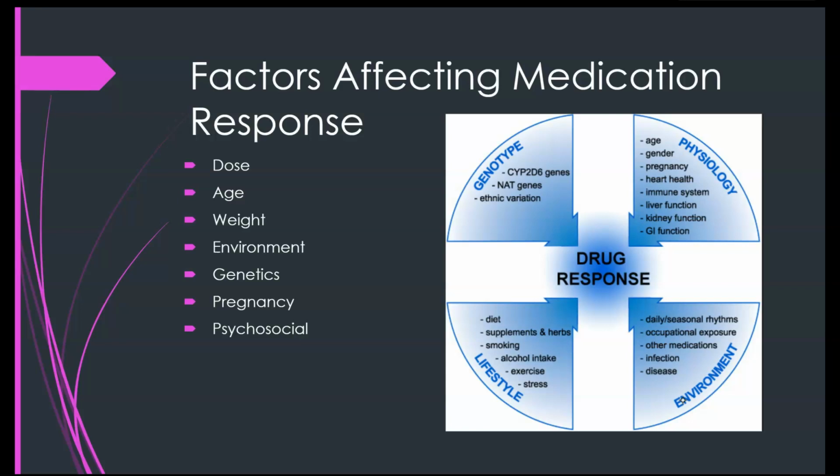We talked about how a lot of medications do first pass metabolism through the liver. If you're older and your liver isn't functioning as well as it should, you won't necessarily get the same benefit from a medication. By the same token, if your kidneys aren't functioning very well, you will have a higher buildup of the medication in your system because they can't eliminate it from your body as easily as if they were healthy.